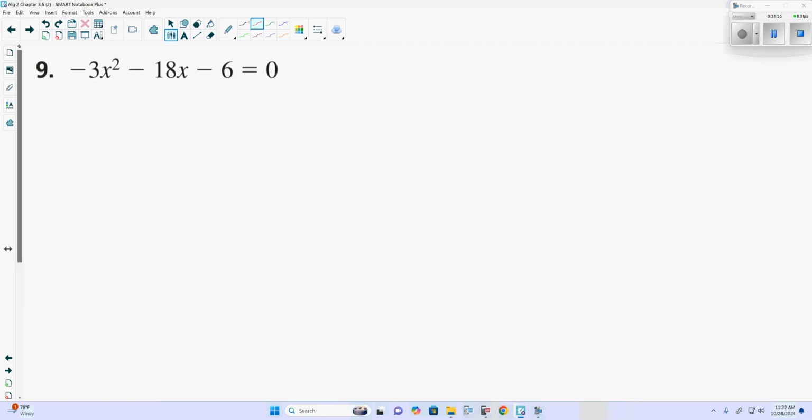Negative 3x squared minus 18x minus 6 equals 0. Now, a is not 1, and luckily everything is on the same side. Because if we had terms on the other side, it wouldn't equal 0. It's going to be good to get all of our terms together, because here we are indeed going to have to divide everything by 3. But we can't just divide by 3.